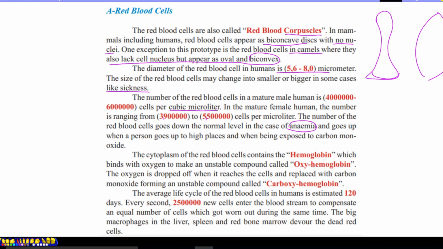We know anemia is a deficiency of iron, hemoglobin, or red blood cells, which are related.